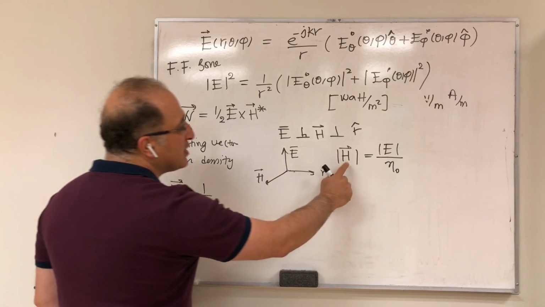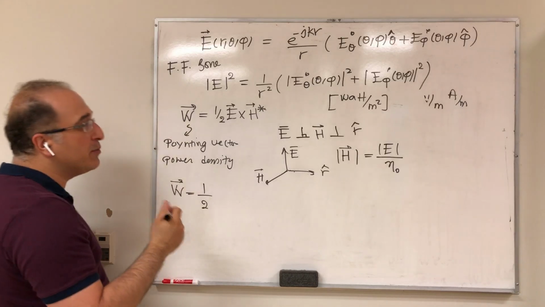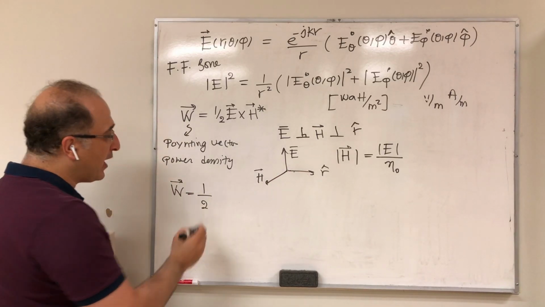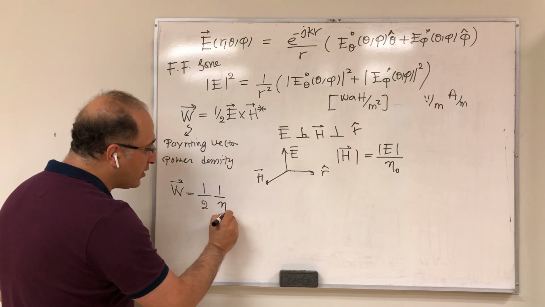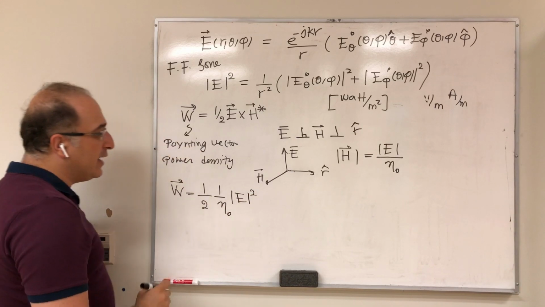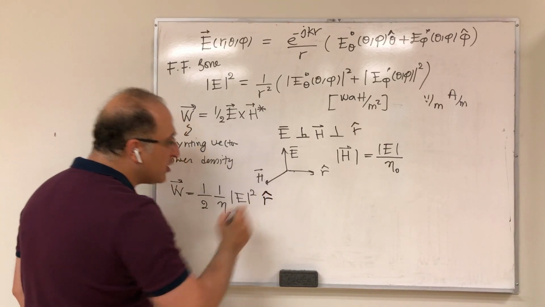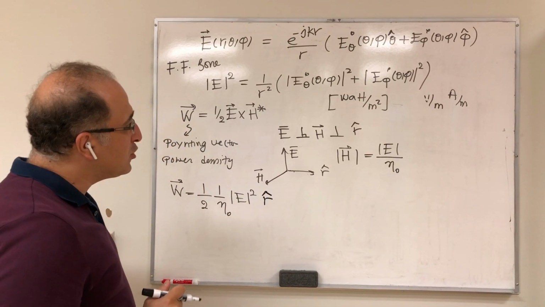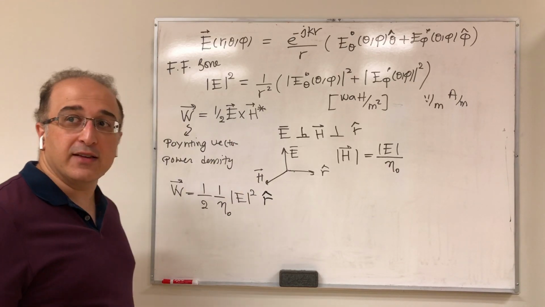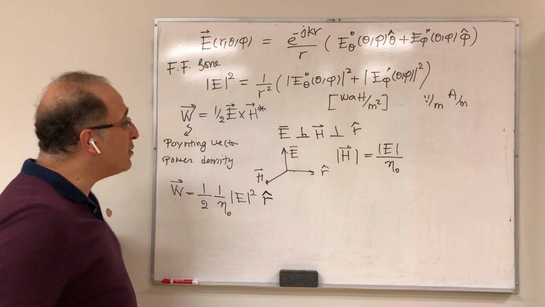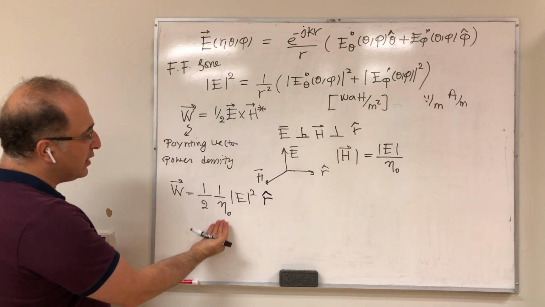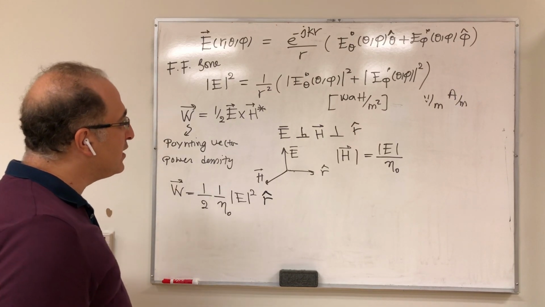Then you're going to substitute your H with that, and you remember that E cross H would be in the direction of R hat, so you're going to get an eta naught here, and then you're going to have your magnitude of E squared, in the direction of R hat. So this would be the simplification of that in the far field zone. Remember, this is just in the far field zone. So in the far field, that would be your power density.